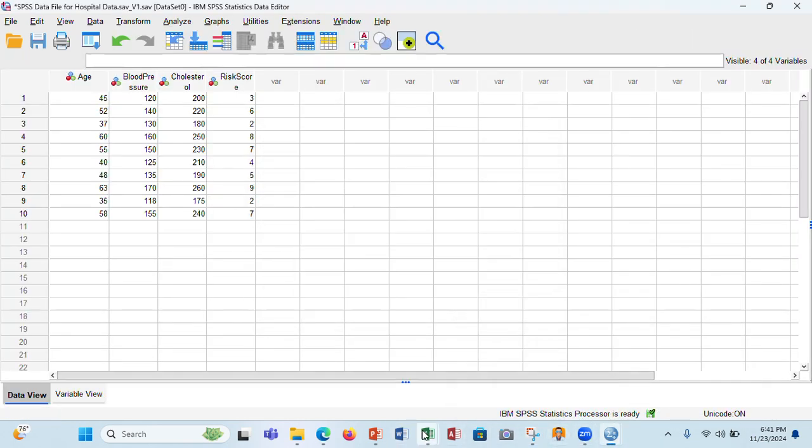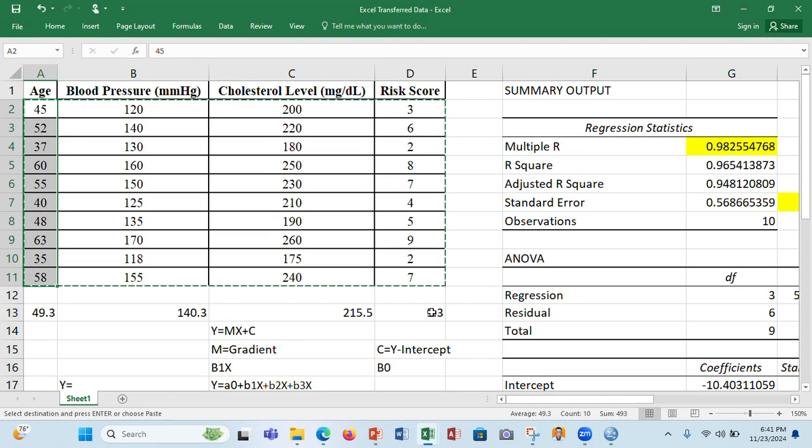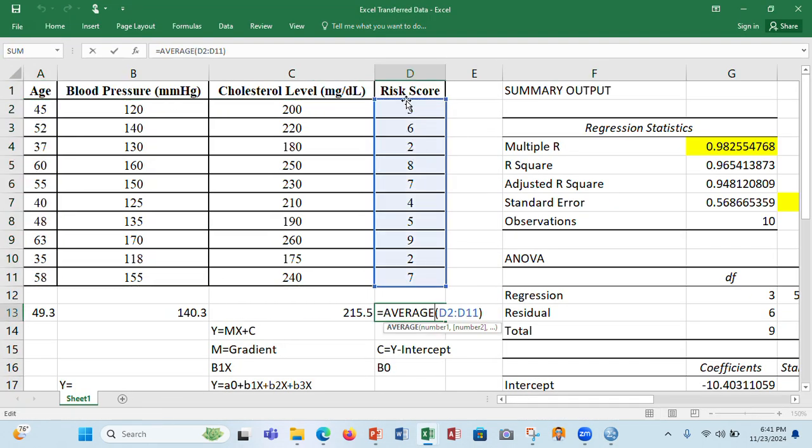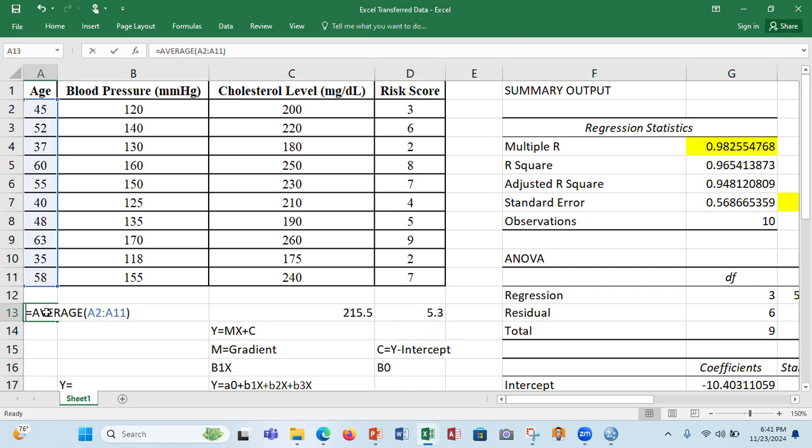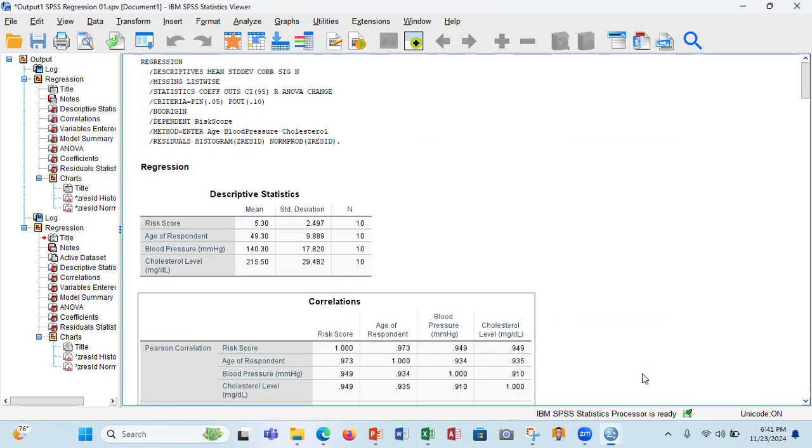The average of the risk scores is 5.3, which SPSS is showing for us. And the average age is the total age divided by 10, which is 49.3. Those are the descriptive statistics you're seeing here, and also for the others.